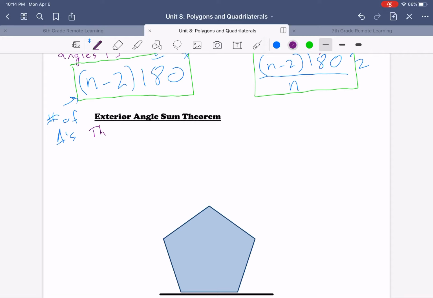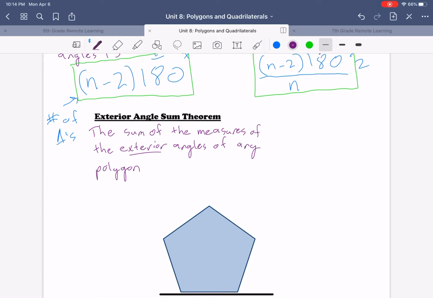So the Exterior Angle Sum Theorem says the sum of the measures of the exterior angles of any polygon is, ready for this, 360.